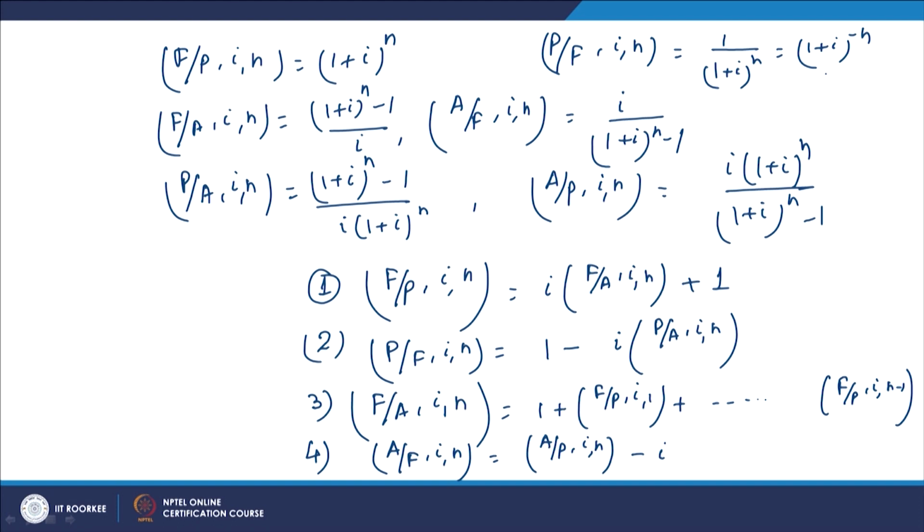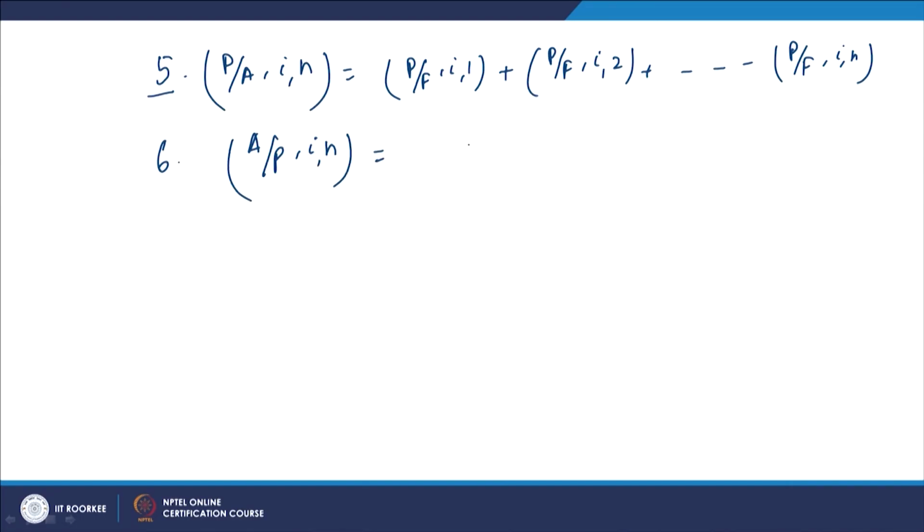If you do the algebraic analysis, you will find that it comes as ((1 plus i) raised to the power n minus 1) by (i into (1 plus i) raised to the power n). So, this is another formula which will be utilized in the long run.